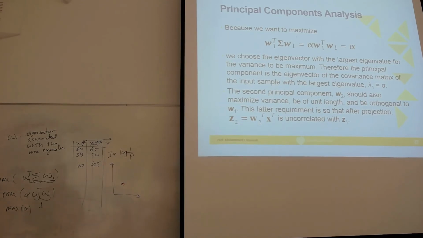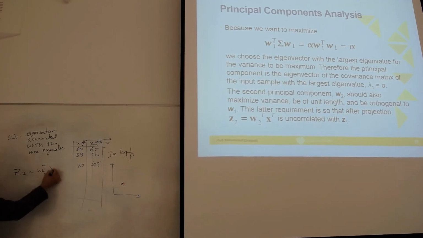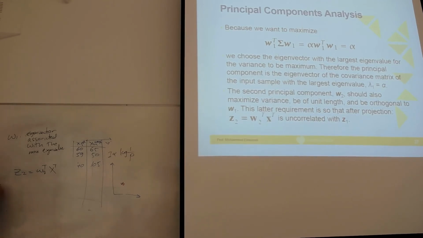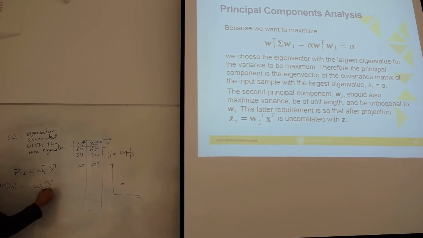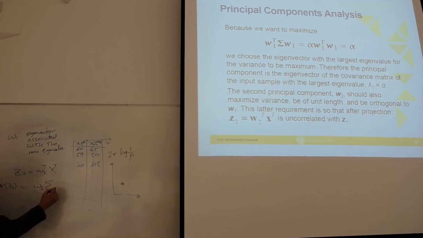So now we are looking for W2, where Z2 equals W2 transpose times X transpose, as we did before. Then the variance of Z2 is equal to W2 times Z times W2 transpose, and we need the magnitude of W2 to be 1. This is one constraint.